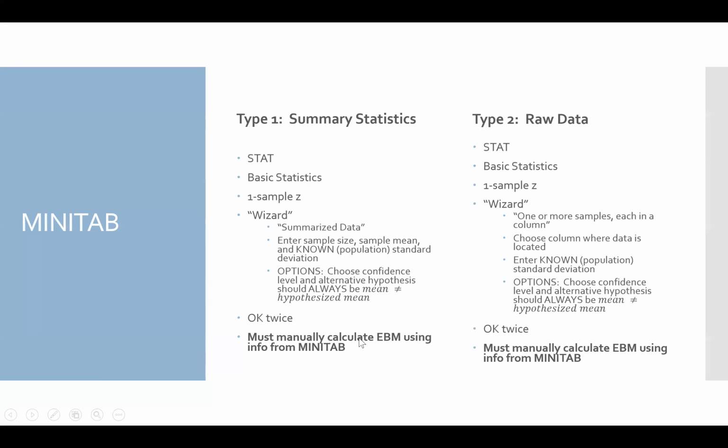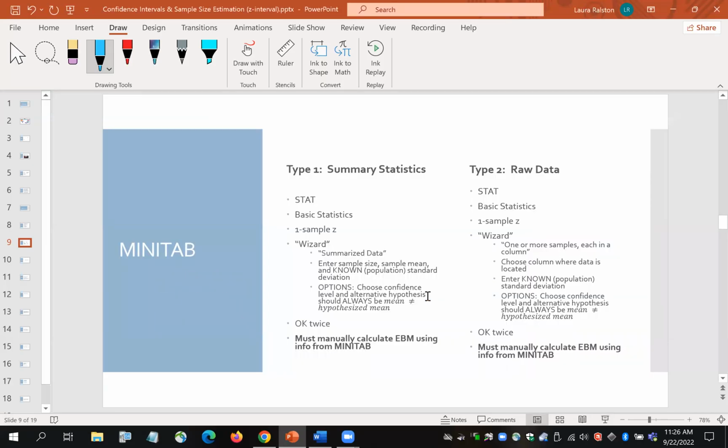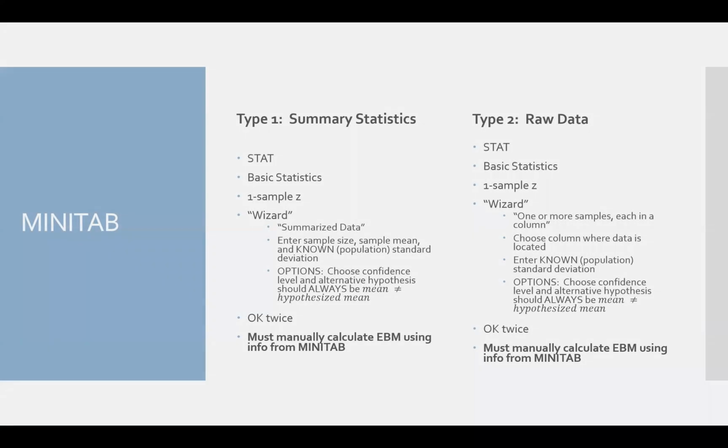In both cases, we have to manually, using our calculator, calculate the error bound for the population mean using the information from Minitab. So that's a manual calculation. But we're going to be walking through these steps, but they are here on this slide, and I'll tell you what slide number it is. It is slide 9, in case you need to refer back to them.